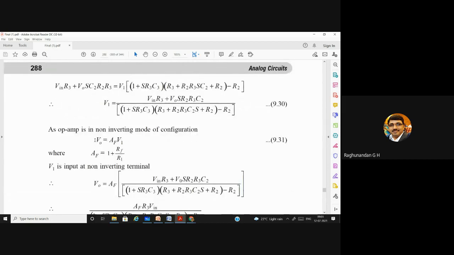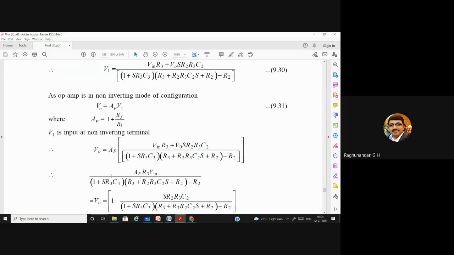Now this is the formula for the op amp gain: V0 is equal to gain, that is what I told, 1 plus Rf by R1 into Vin, because Vin itself is the voltage that appears across the virtual ground at the inverting terminal. When we get V1, we substitute it here.